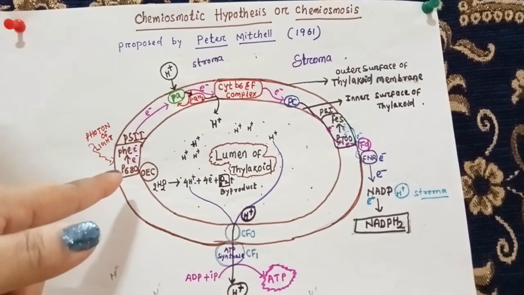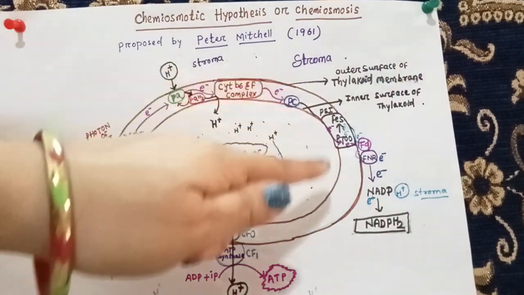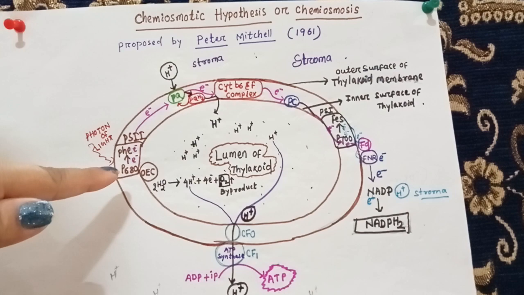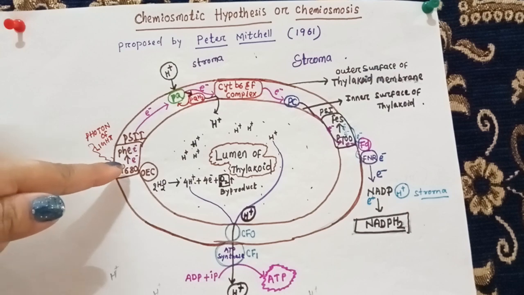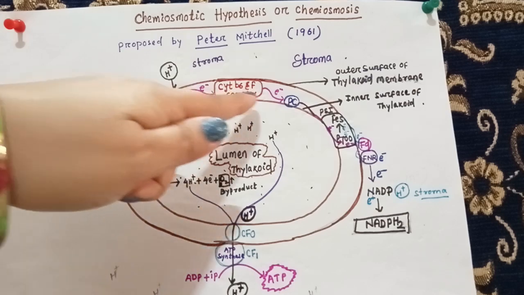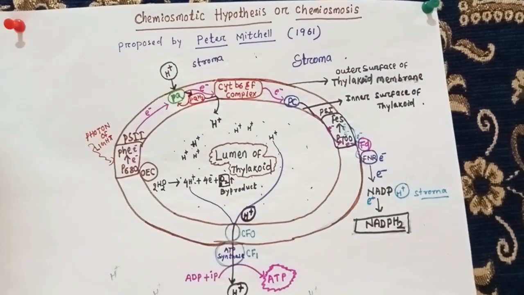Whenever we look inside the membrane of the thylakoid, there are two photosystems and electron carriers present, as well as another part that is named the oxysome.